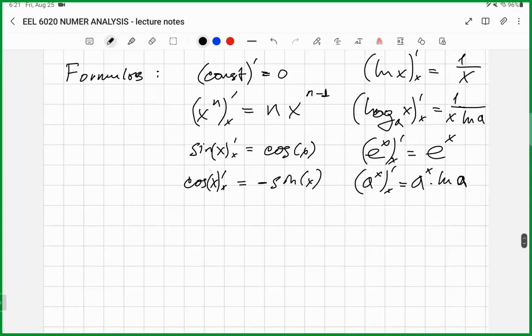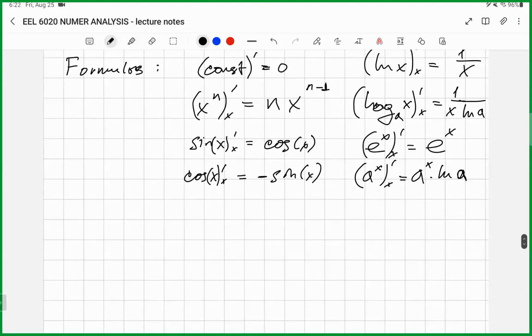So these are the formulas for taking the derivatives, and we also need two rules. The first rule is the product rule.